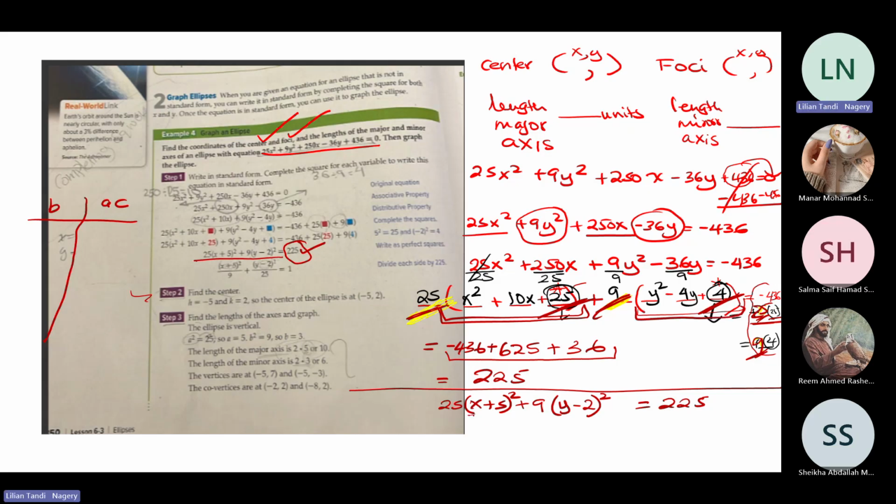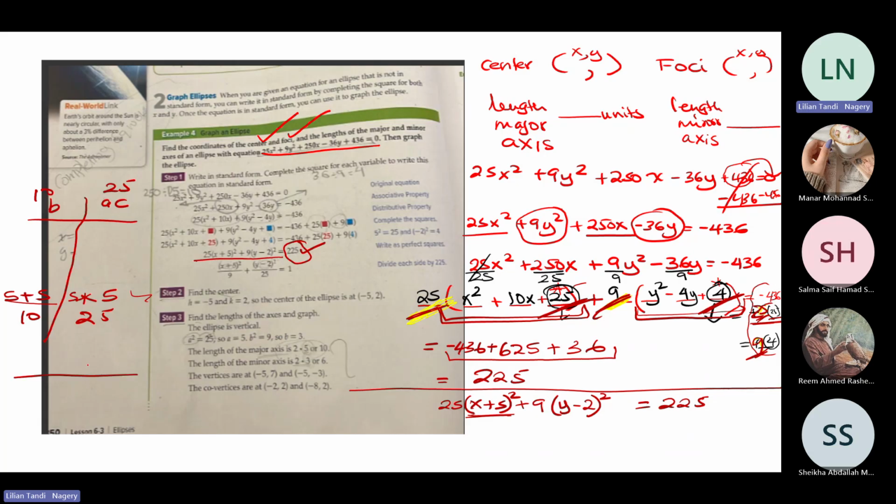You should come up with this number: 5 plus 5 times 5. Because this was 10 and this was 25. What two numbers that you multiply will give you 25, and when you add will give you 10? 5. Do you see that? Yes. And because your 5 is positive, it will go x plus 5 squared.